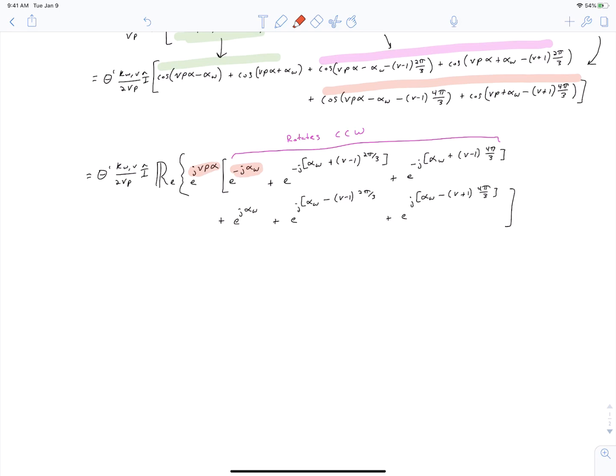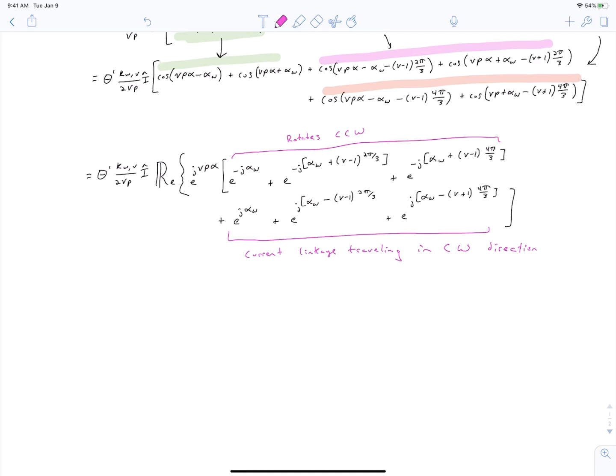So if we take the real part of these expressions multiplied by each other, we get the cosine of vp alpha minus alpha W, and that is the equation of a wave which is traveling in the counterclockwise direction. Alpha is increasing. And similarly, we can see that these bottom terms represent a wave that is traveling in the clockwise direction.